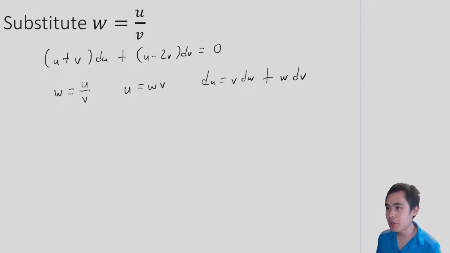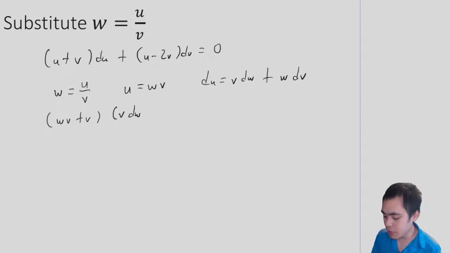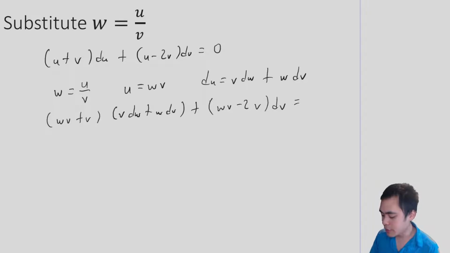And when we substitute all these things in, what you end up with is, well, you have u plus v, so that's wv plus v, times du, but we know what du is, so du is going to be v dw plus w dv, and then we're going to add u minus 2v, so u is wv, so wv minus 2v times dv, which is equal to 0.